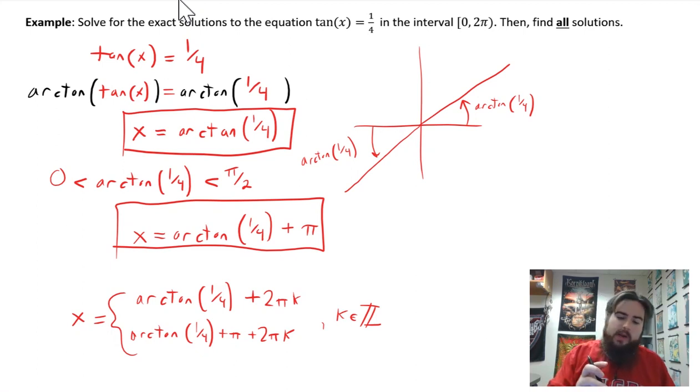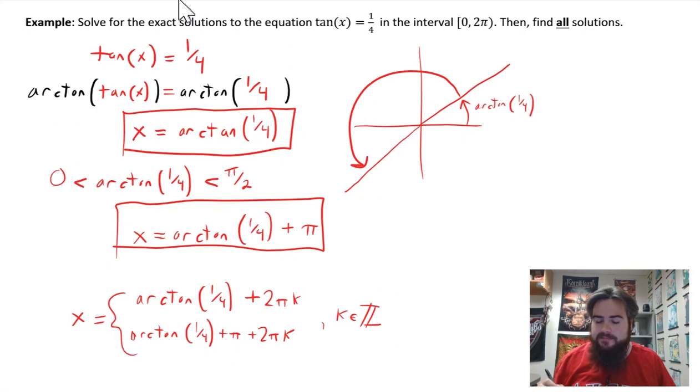The way that we went from that to get to our second solution in quadrant 3 is that we took arctangent of 1/4 and we added pi to that. Well, think about what you would need to do to get back to your answer in quadrant 1 after that. Once we're in quadrant 3, if I want to get back into quadrant 1, I would add pi again.